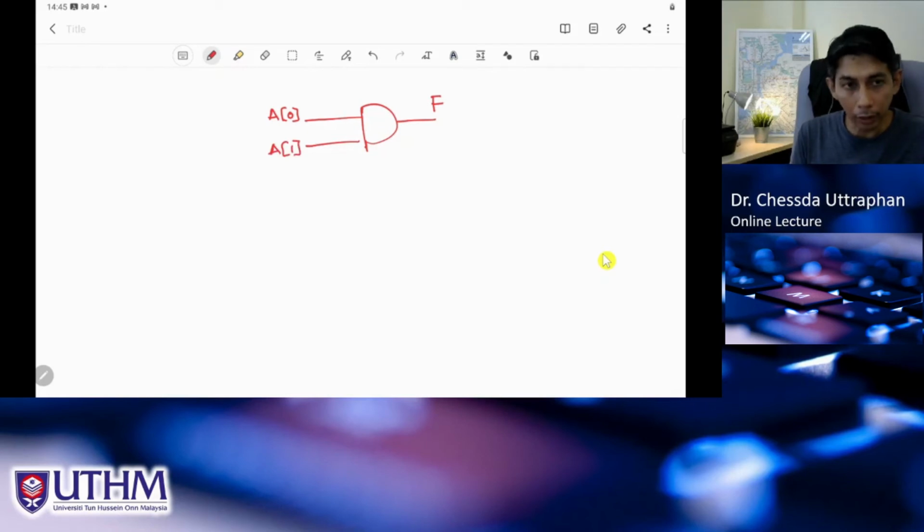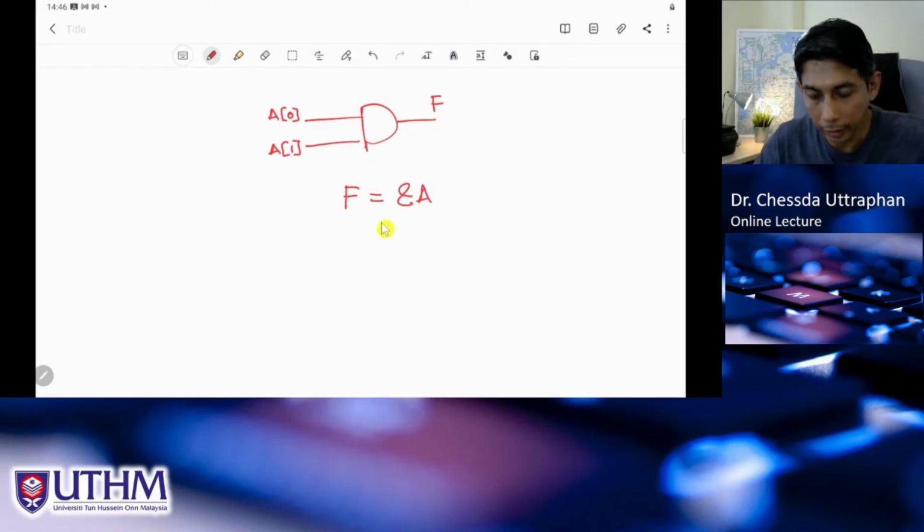Right? So in Verilog, we can write like this: F equal to the reduction of A. When we write like this, we will get this gate, and this is A0 and A1.